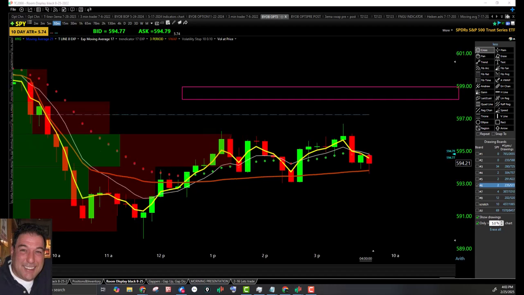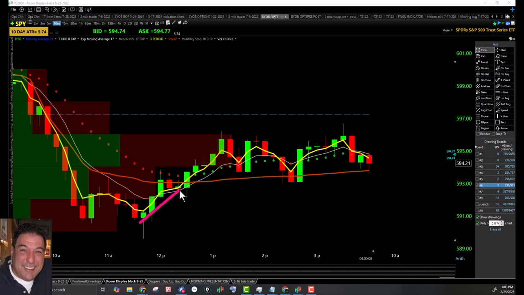Not much of a bull flag, but nonetheless, it is a bull flag, because you got price action moving up and it kind of holds that higher ground. It's not much higher, but it is higher. They started from down here at 589 and traveled all the way up to 596. That's a bull flag right there.